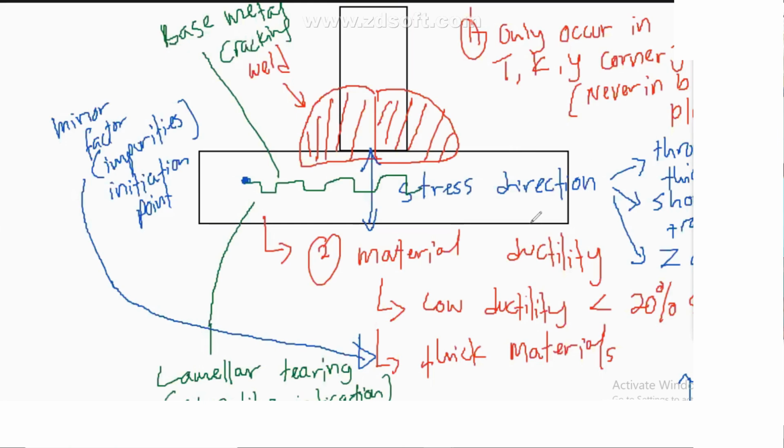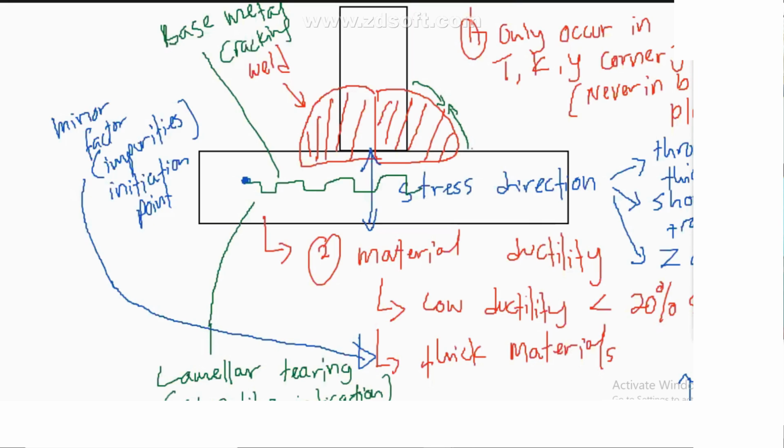Okay. So this occurs during welding when, during cooling, the weld starts to shrink. So what happens during cooling? It starts to shrink. Then this weldment starts to pull.